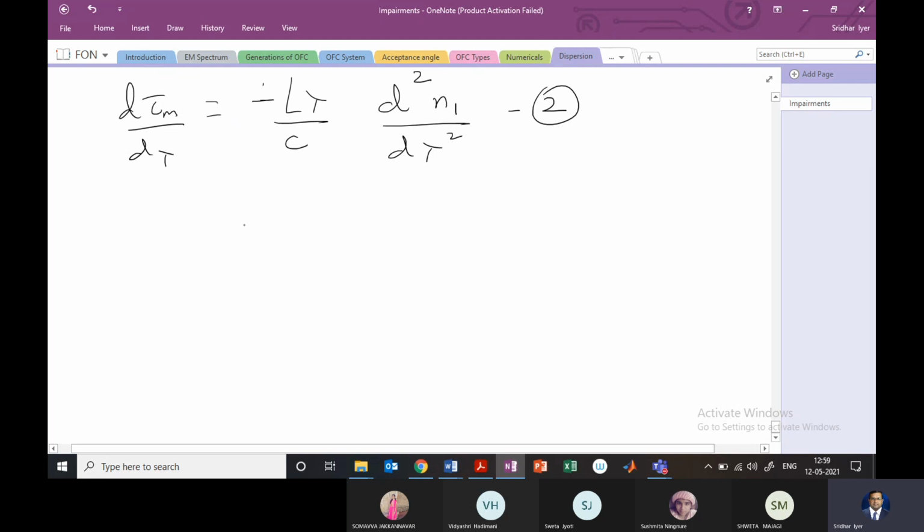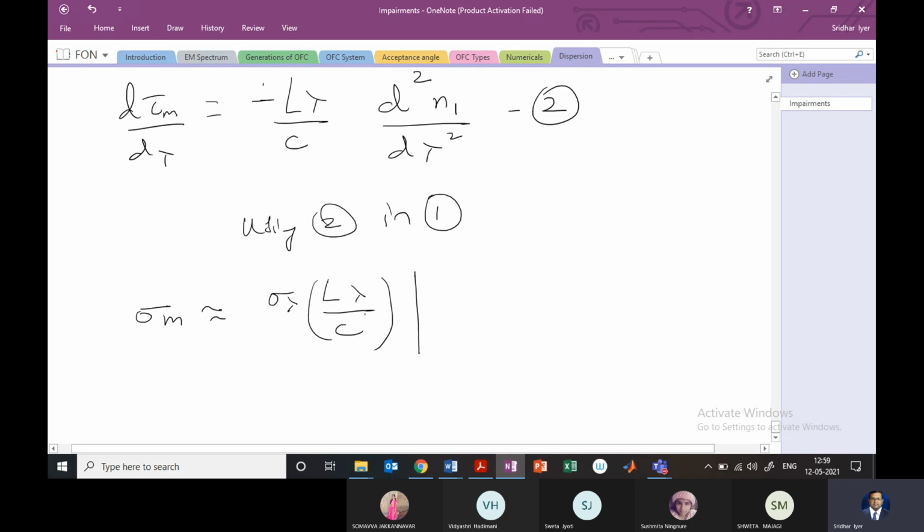Using equation 2 in 1, we can get sigma m, which will be approximately sigma lambda L lambda by C. And since this is broadening, negative broadening does not make any sense, so I'm going to use the modulus. I'll get the lambda inside, so you'll have lambda d square n1 by d lambda square, and the modulus will close.